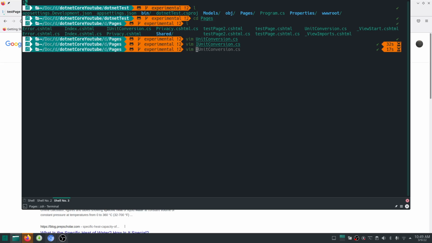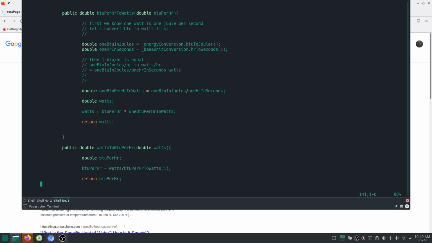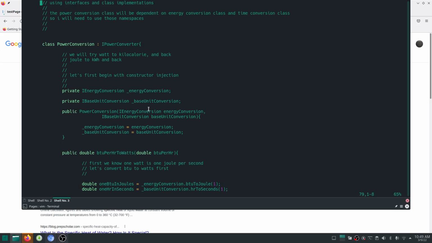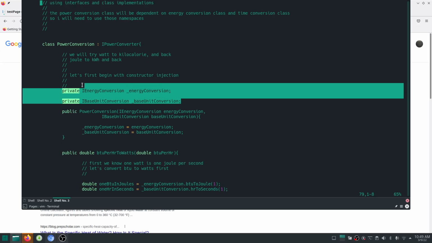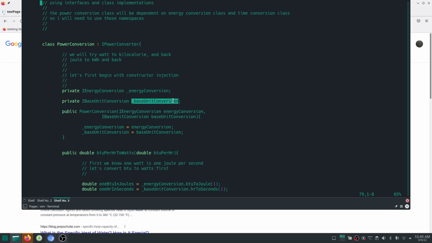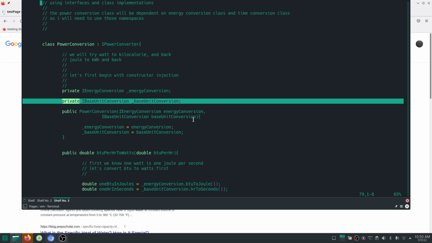How this is implemented is over here. I have two dependencies primed for injection: IEnergyConversion, underscore energyConversion, and IBaseUnitConversion, underscore baseUnitConversion. You kind of know the drill now.